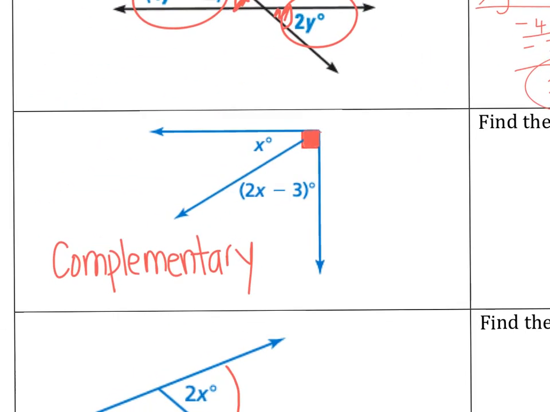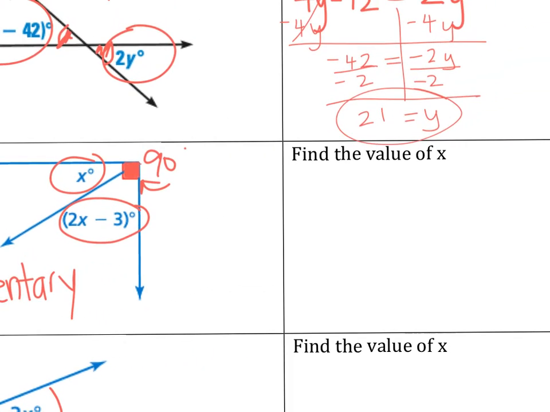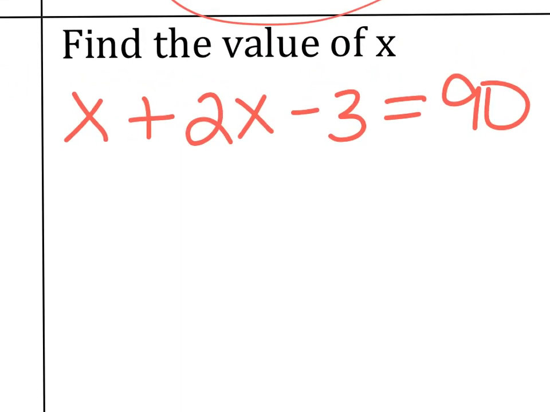Okay. The next one I labeled for you is complementary. You can tell that this angle is 90 degrees right here, which means this plus this equals 90. So x plus 2x minus 3 equals 90 degrees. And we're going to solve for x. So these belong together to make 3x.